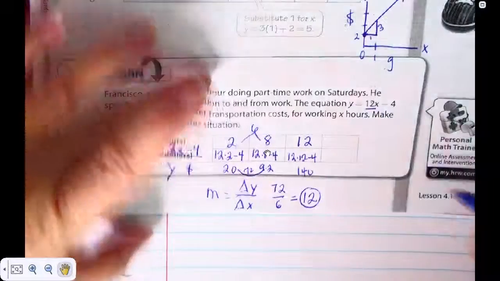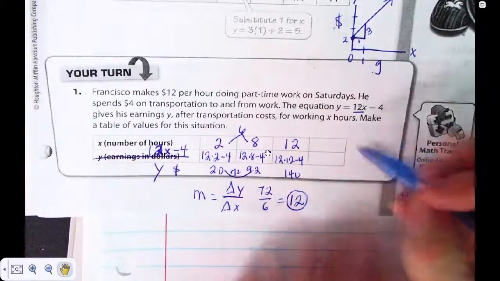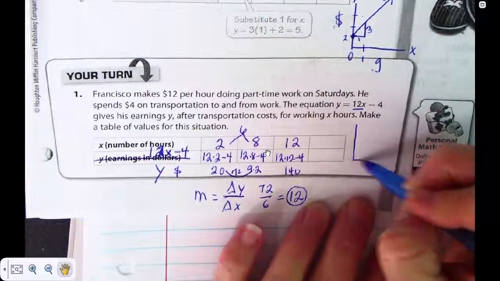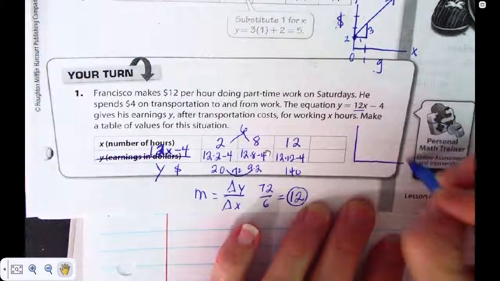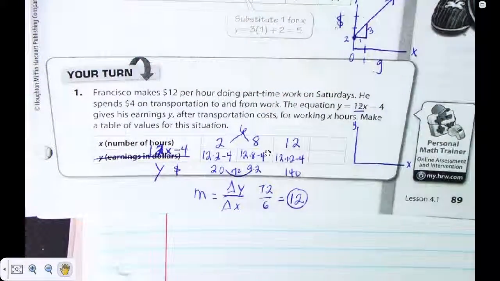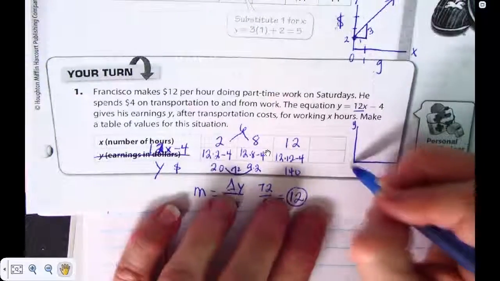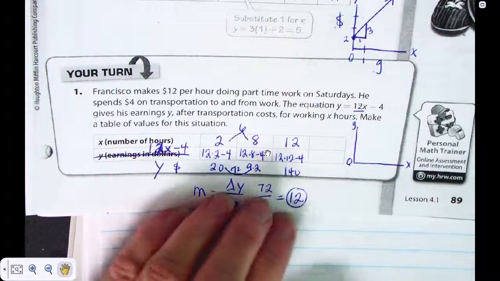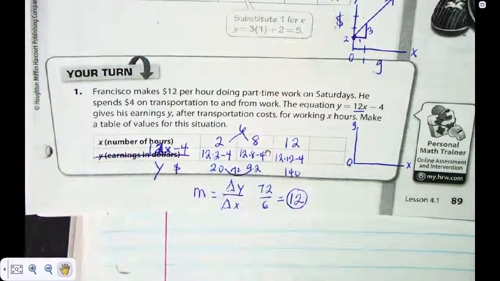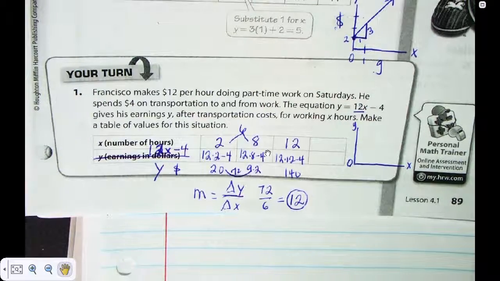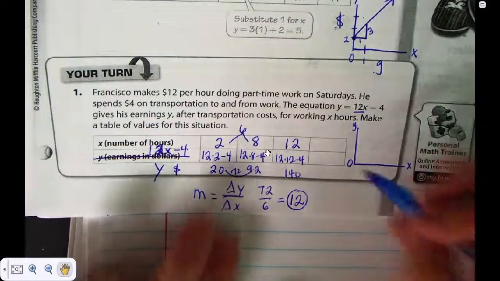Now, let's do right here. Put x, put y. And put 0 right there. Okay, guys. What is the y-intercept? -4. Good. So, you know what?